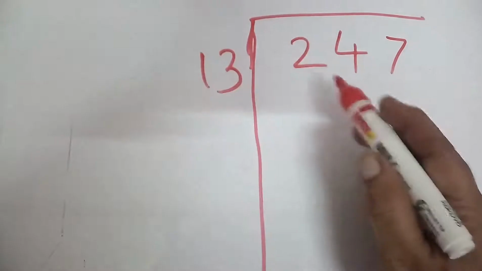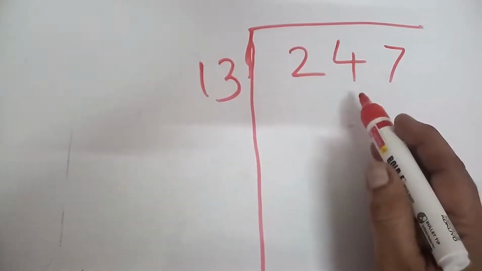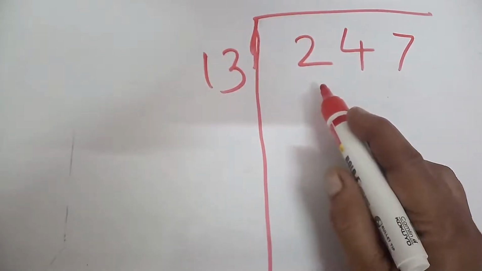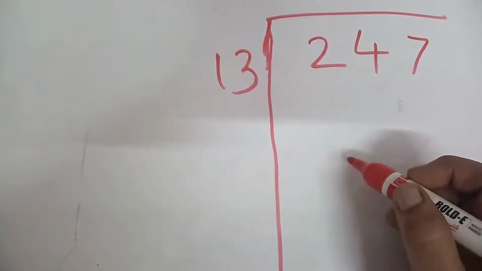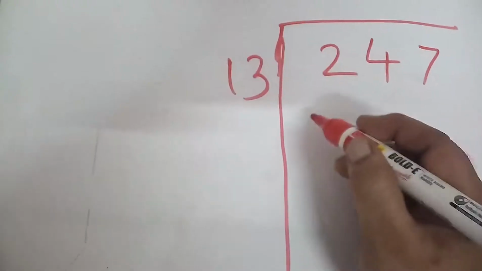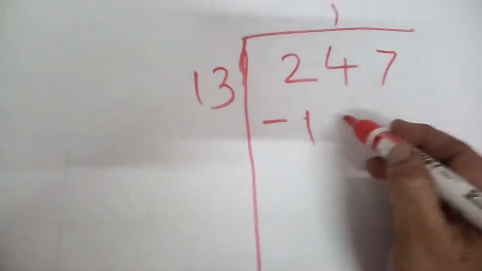So in 13's table 24 is not there. 13 twos are 26. So you will take 13 itself to subtract. 13 ones are 13.